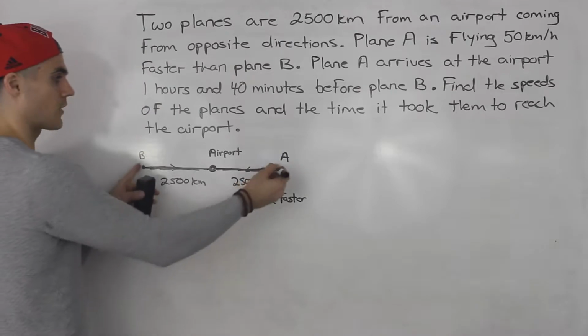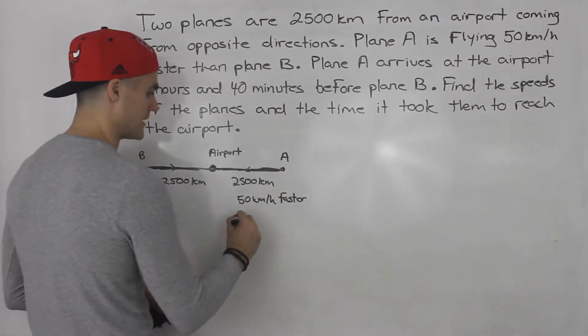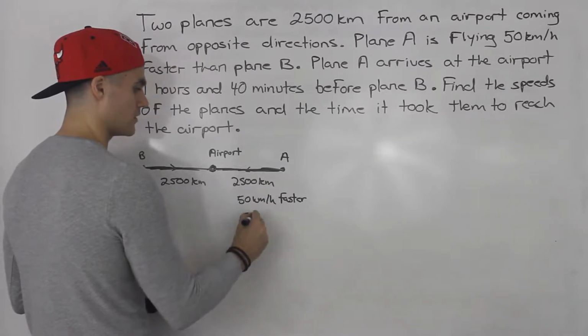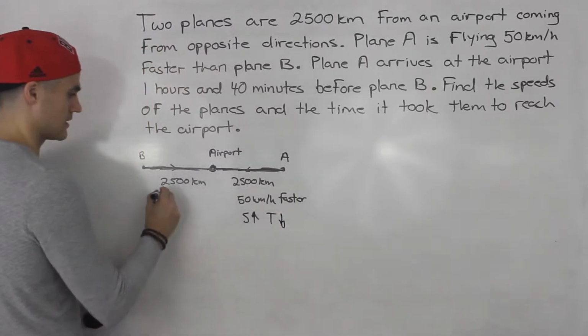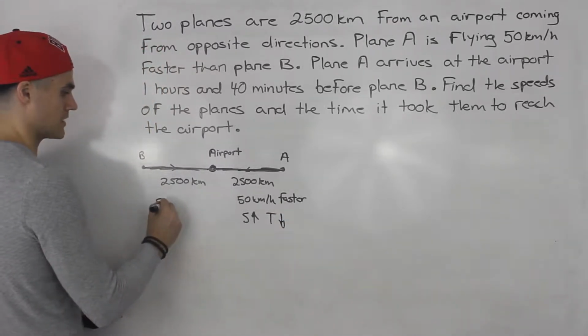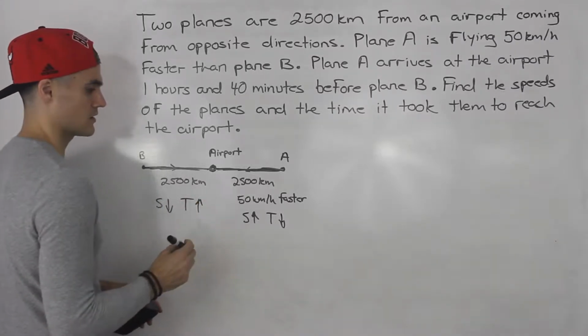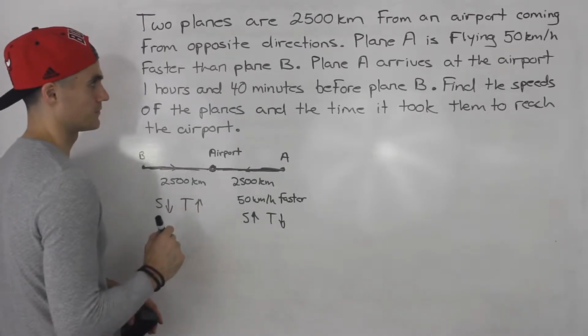So who's going to arrive at the airport faster? Well, plane A. The speed for plane A is greater, which means the time is going to be less. The speed for plane B is less, which means the time is going to be greater. Speed and time have an inverse relationship.